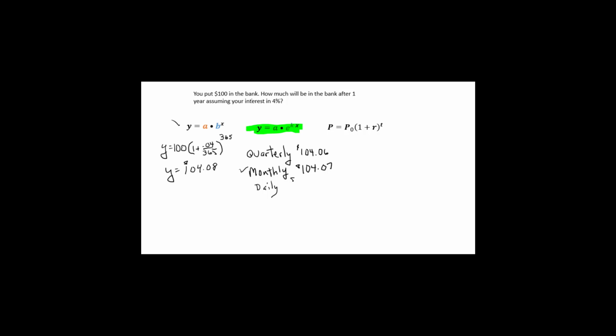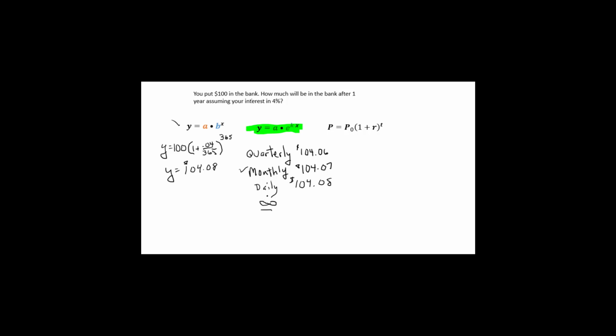So if I put $100 in at 4% interest, compounded daily, it's going to be a little bit more money than compounding monthly, which is a little bit more money than compounding quarterly, which would be a little bit more money than compounding semi-annually. Now, what if I wanted to do this? I wanted to compound it, and anybody know what that sign means? Infinite.